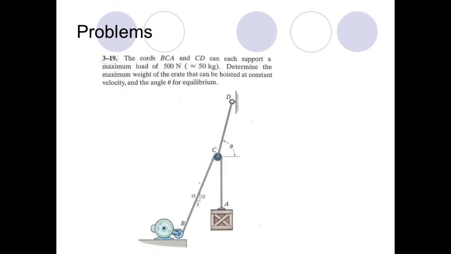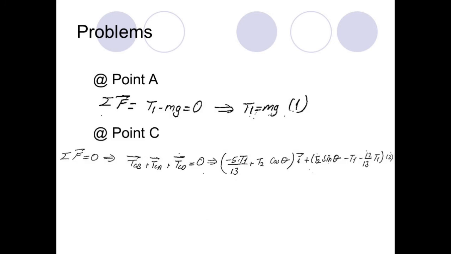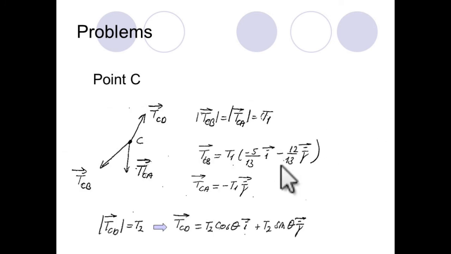As you remember, this is 5 and the vertical component is 12. Again the y component is in the negative direction, so it is minus 12 divided by 13. As a result, this is my unit vector from C to B.